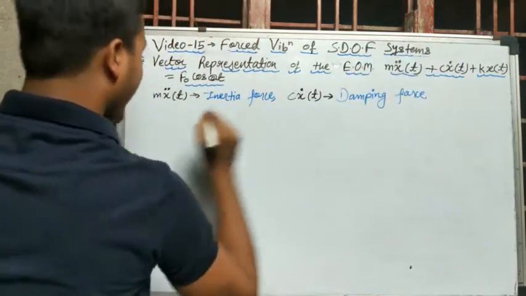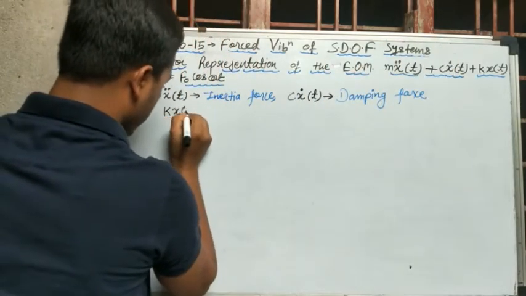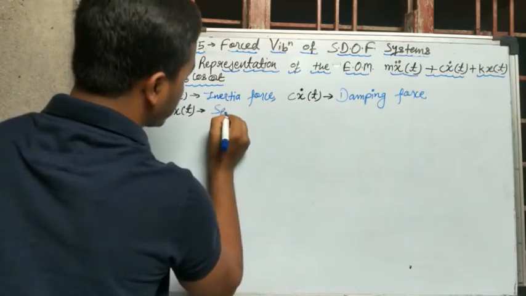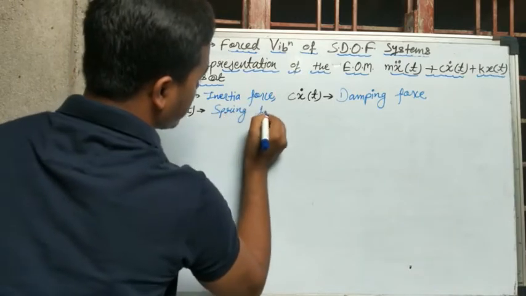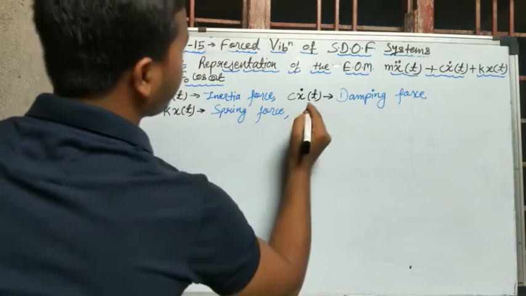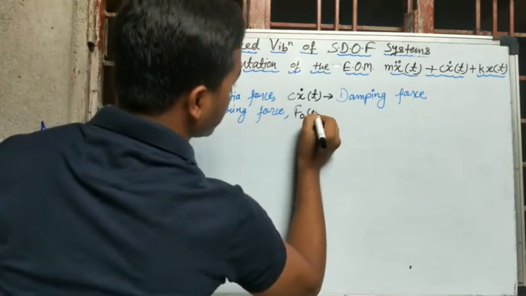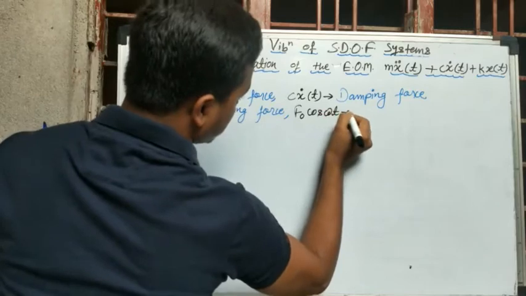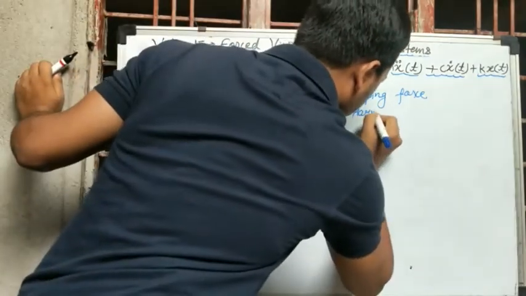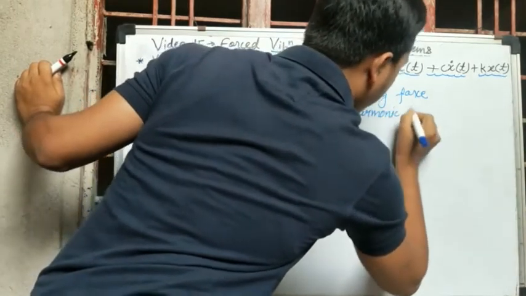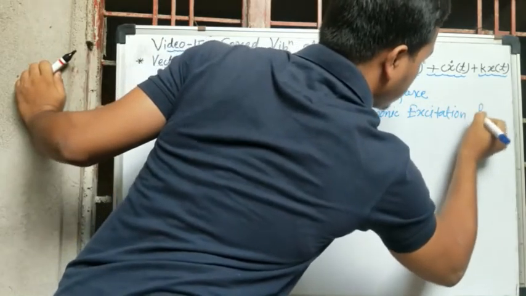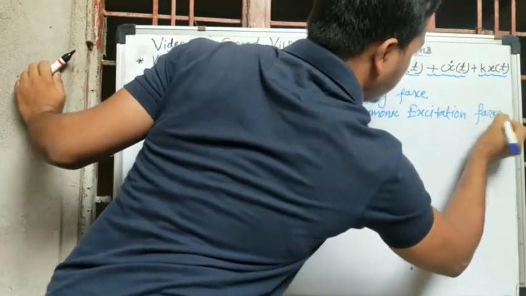This term k x is the spring force. And last, this F naught cos omega t is the harmonic excitation force.